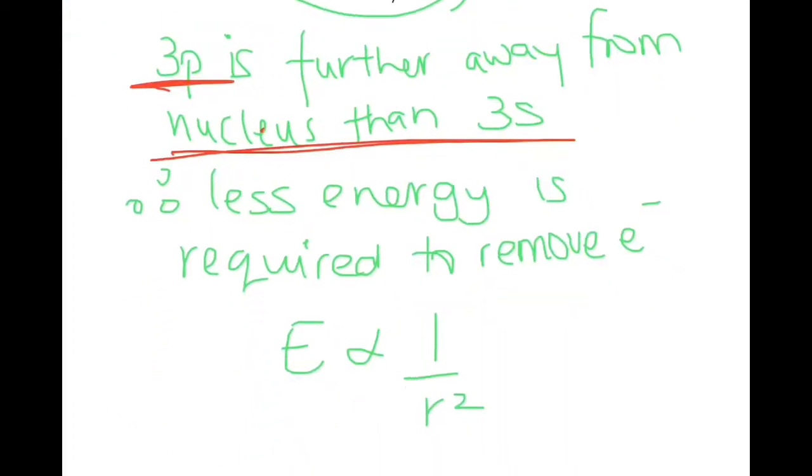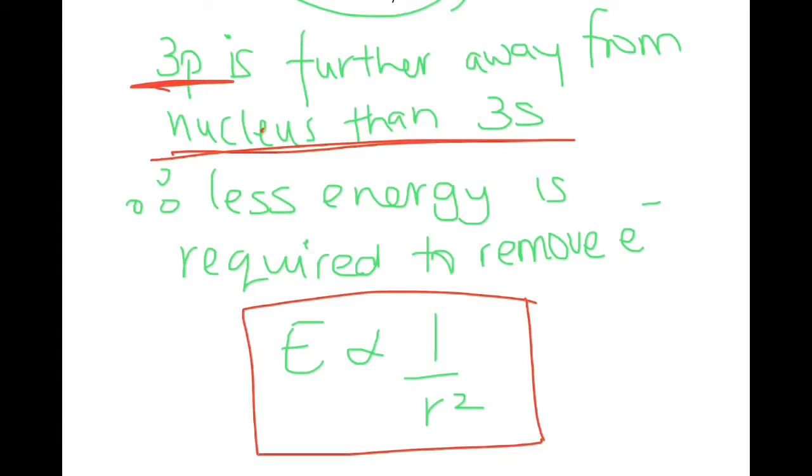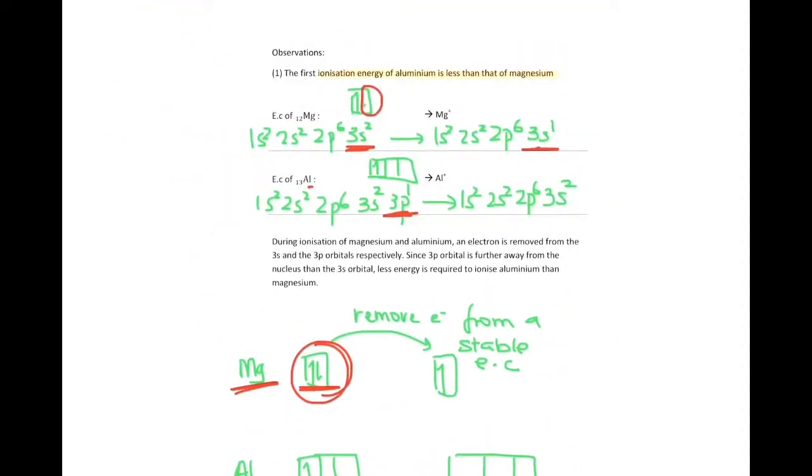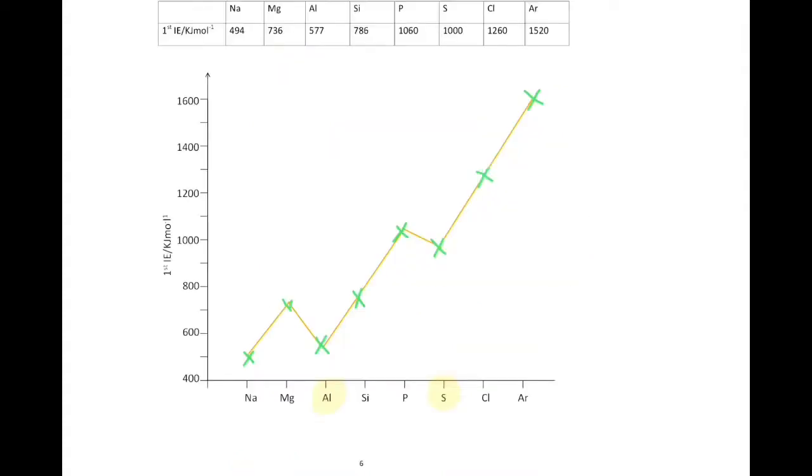Therefore, less energy is required to remove the electron, so the ionization energy is going to be less. So this is why you have that drop. The electron is removed from the 3s and 3p orbital respectively. 3p is further away, so less energy is required to ionize.